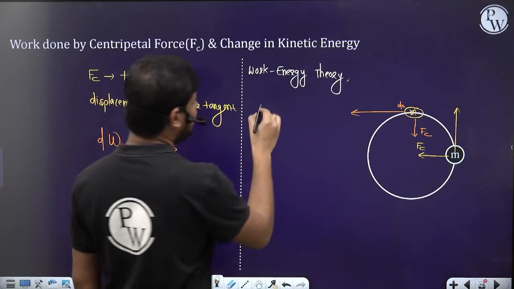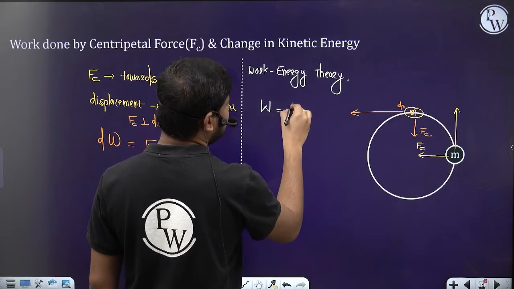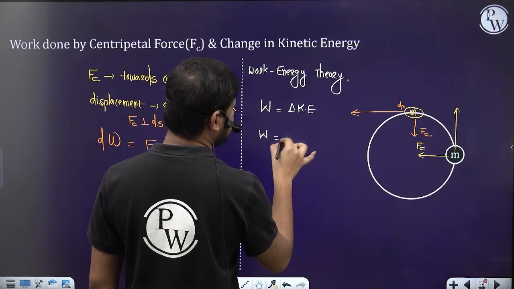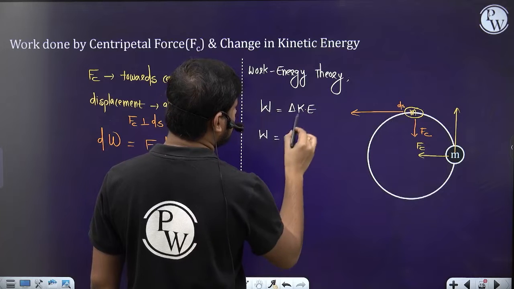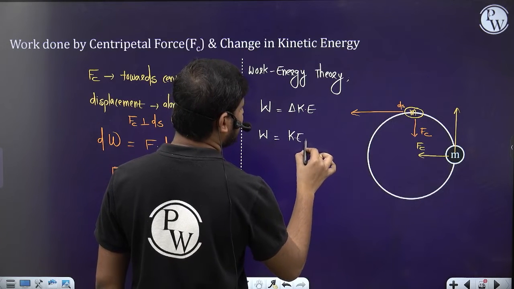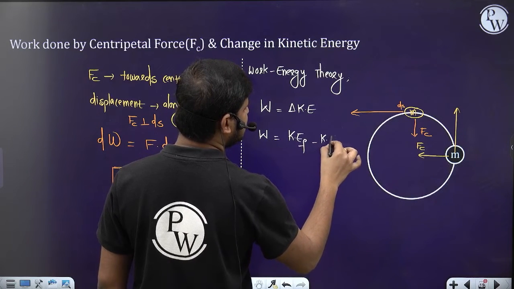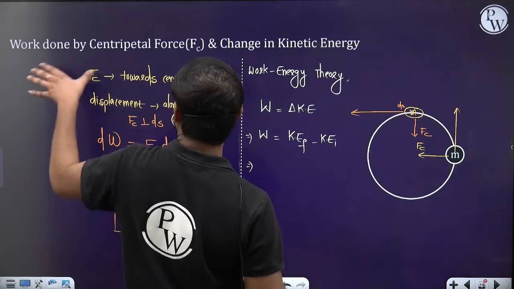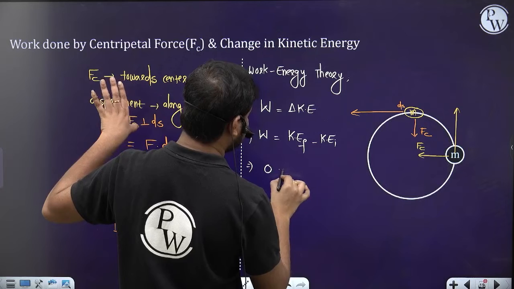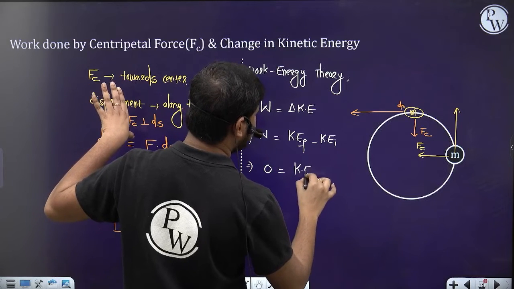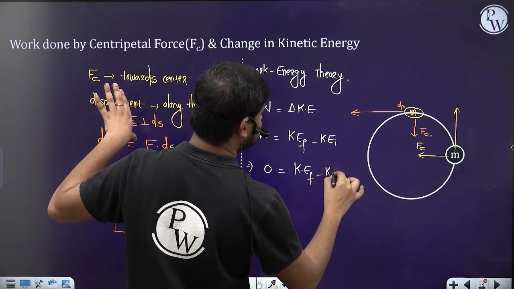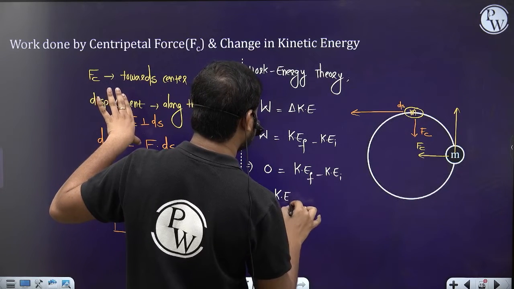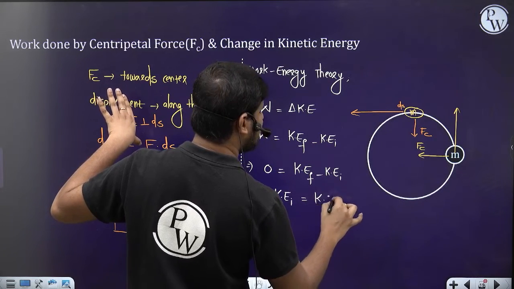So the work done equals the kinetic energy final minus the kinetic energy initial. The work done by the centripetal force is 0, so KEf minus KEi equals 0. So KEi equals KEf.